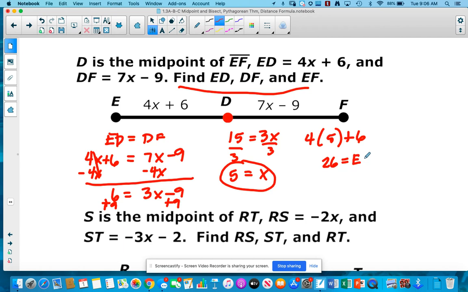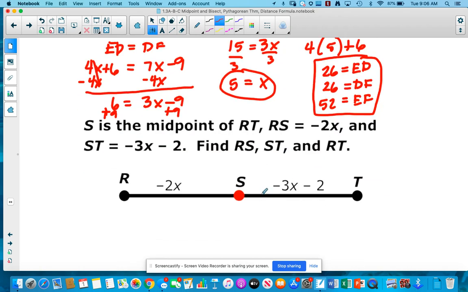So 26 is equal to ED. 26 is also equal to DF because they are equal to each other. And then EF, the entire distance, I just take 26 times 2 and get 52, because it would be twice as much.